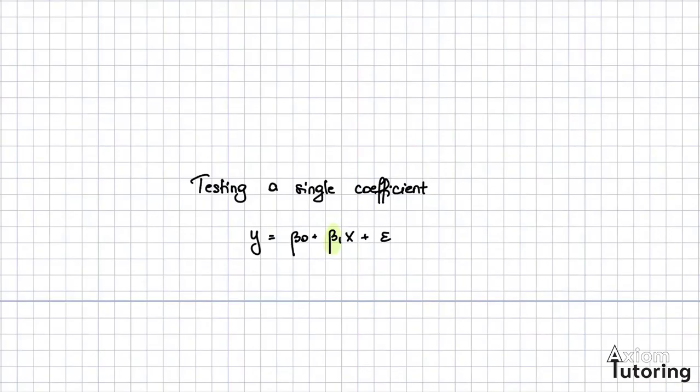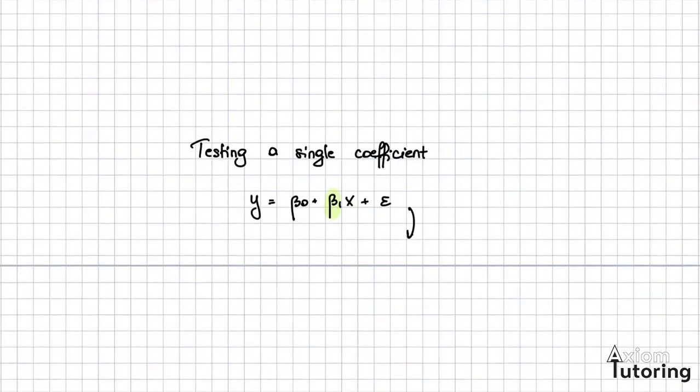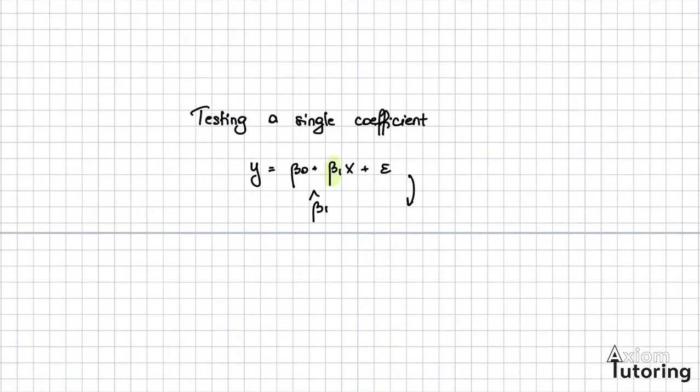Let's say that we have a sample and we run an OLS and we estimate beta 1 hat. What you have to be aware of is that your question is not exactly about whether this beta 1 hat is exactly 0. This is not the kind of question we're asking, because remember, with random data, that almost never happens.